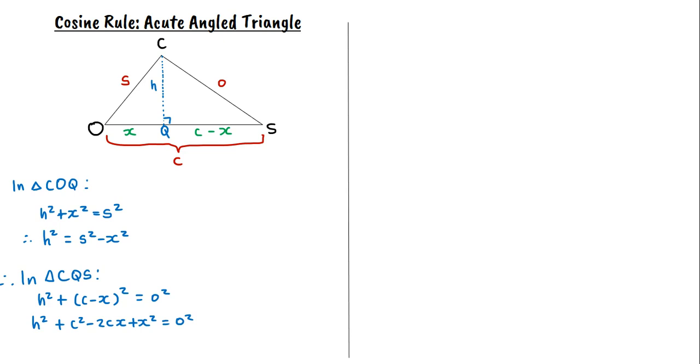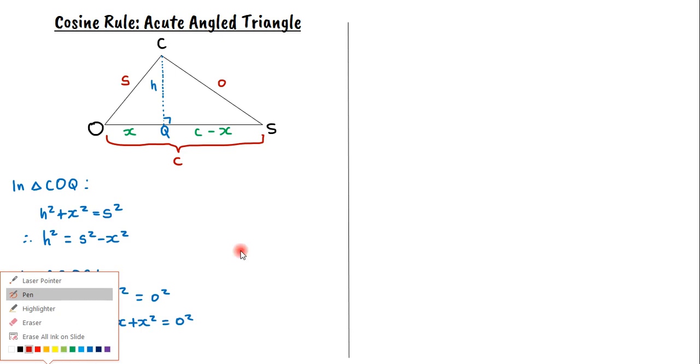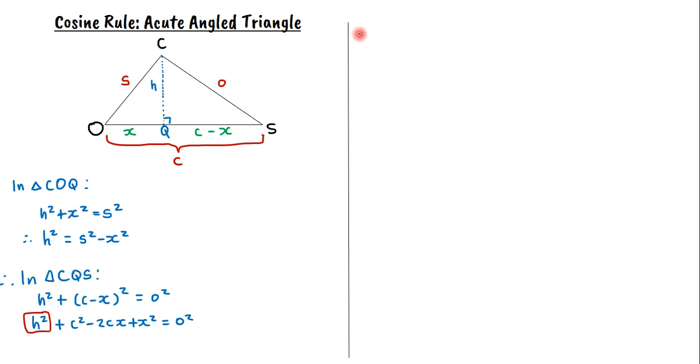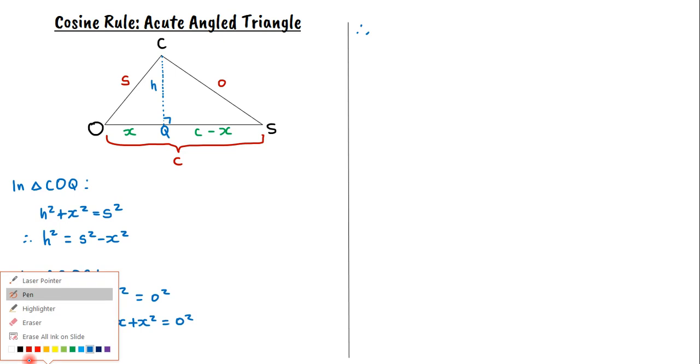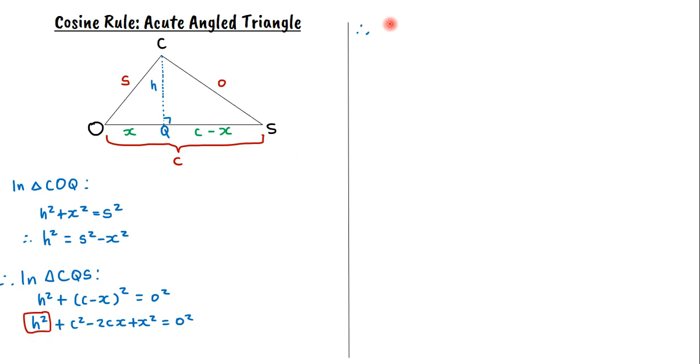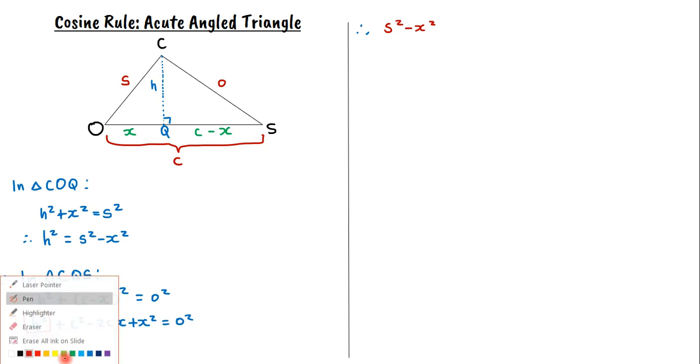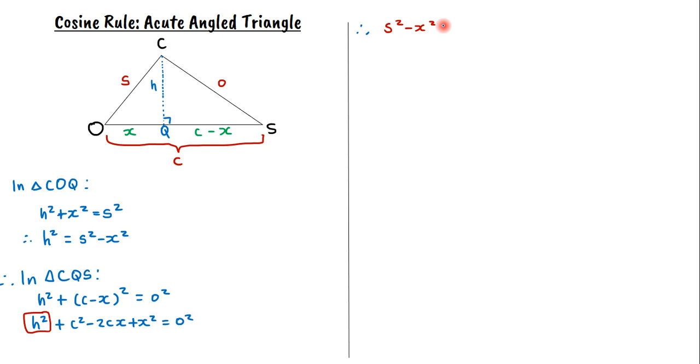All right. Now do you see here we're getting the same h squared that we did in our previous slide. So this means what we're going to do here is substitute that h squared in there. So by substituting, we're going to have s squared minus x squared plus c squared minus 2cx plus x squared equals o squared.